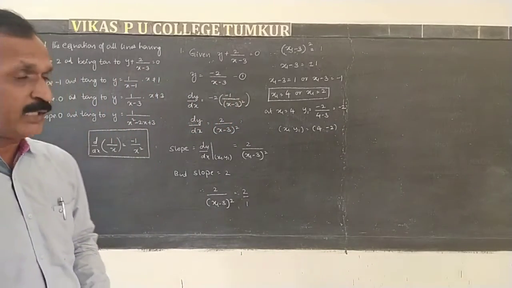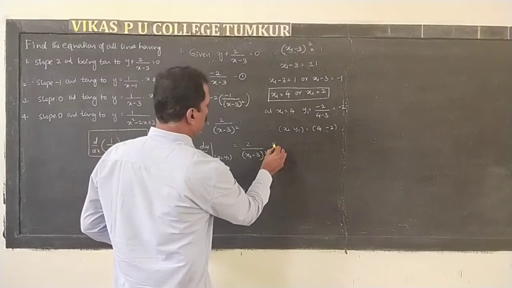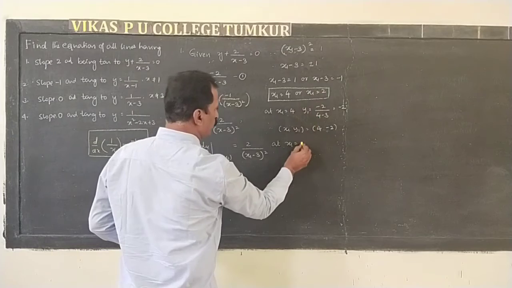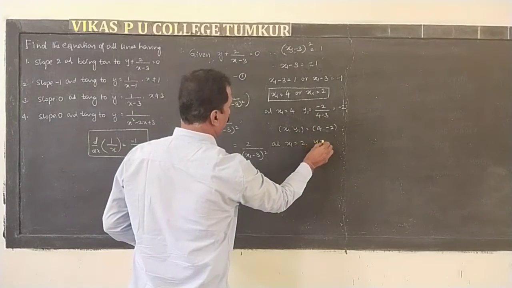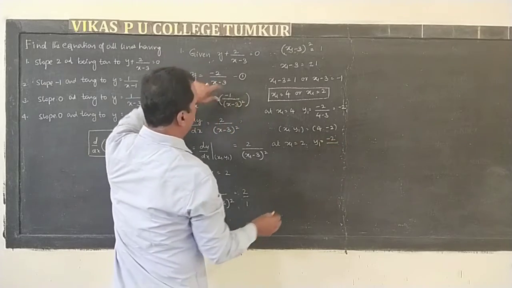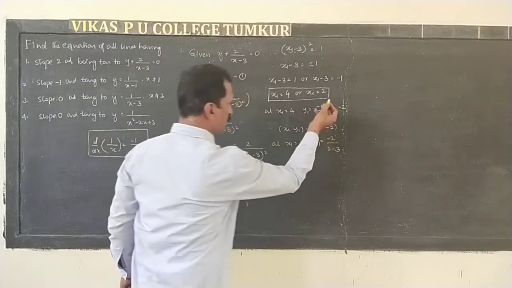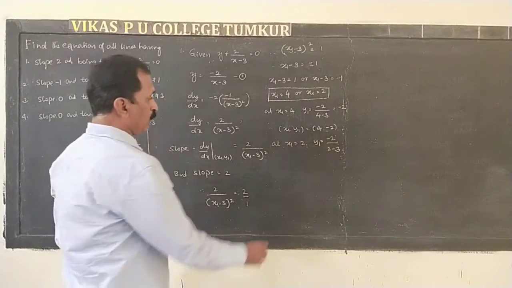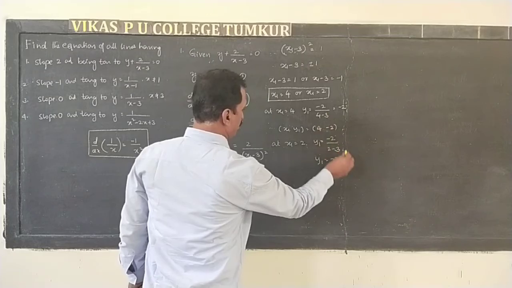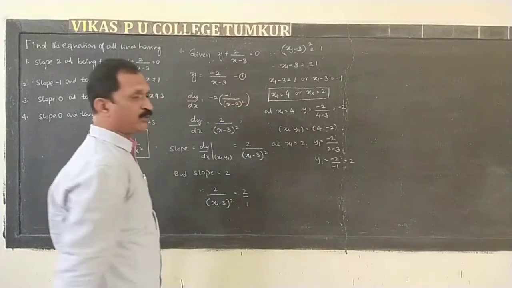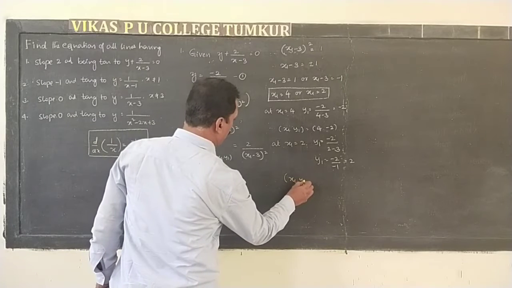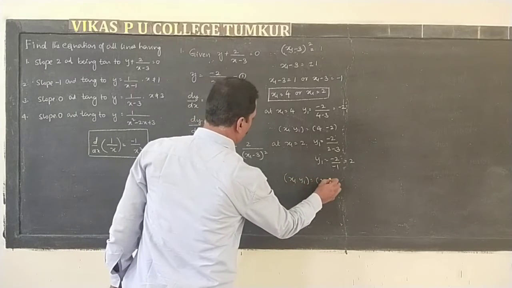Shall I find the second point now? At x1 is equal to 2, what will become y1? Minus 2 divided by 2 minus 3. So y1 is equal to minus 2 divided by minus 1, minus cancels and plus 2 remains. So your second point x1 comma y1 is equal to 2 comma 2.